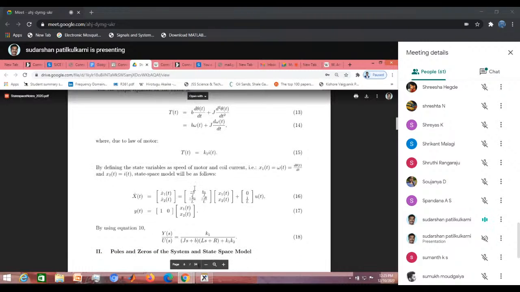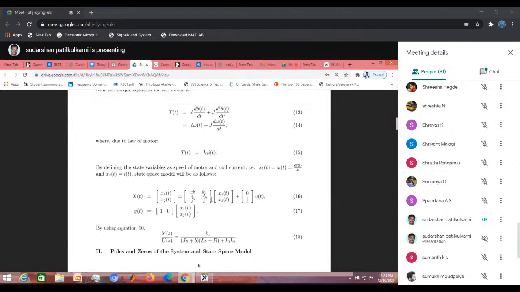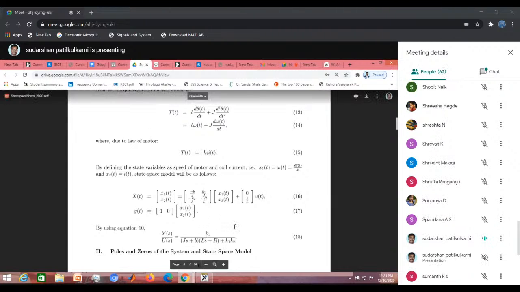So we have the ABCD matrix, D is 0. If you apply again C (sI minus A) inverse into B, you will get the transfer function.